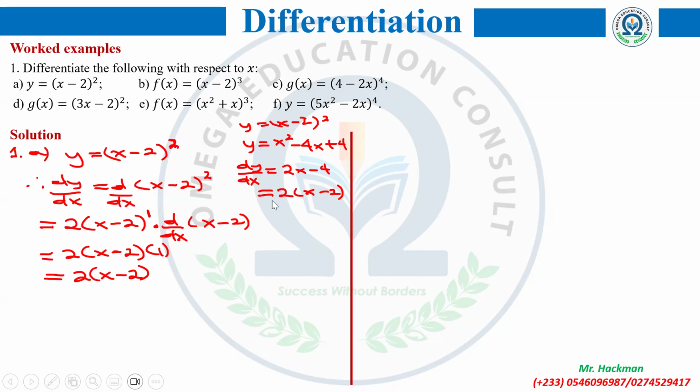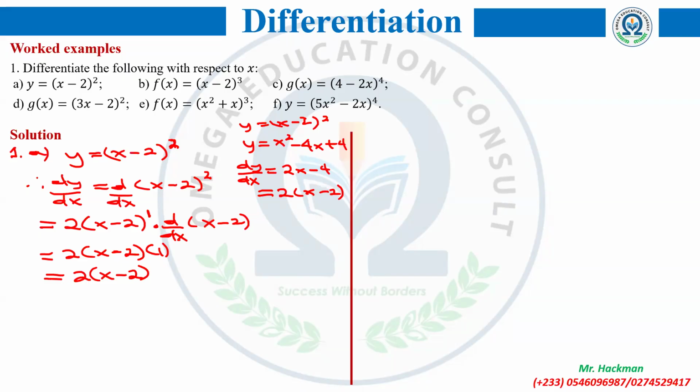Only that I would advise, if you are not restricted and you can expand and differentiate term by term, that would have been the ideal way. But if you are restricted to using the composite function rule or the chain rule, then if you use this method, you'll be wrong, because the question specifically asks you to use the composite function rule. This one has nothing to do with the composite function rule. Do you get the point now? Yes, sir, please, thank you.